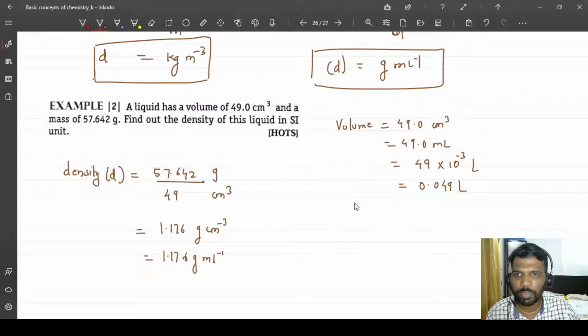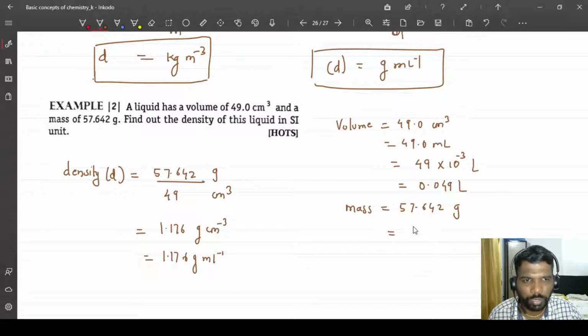And mass is given in grams, that is 57.642 gram. Now how could this be converted to kg? While converting kilogram to gram, we take the help of the prefix kilo, that is 10 raised to 3.